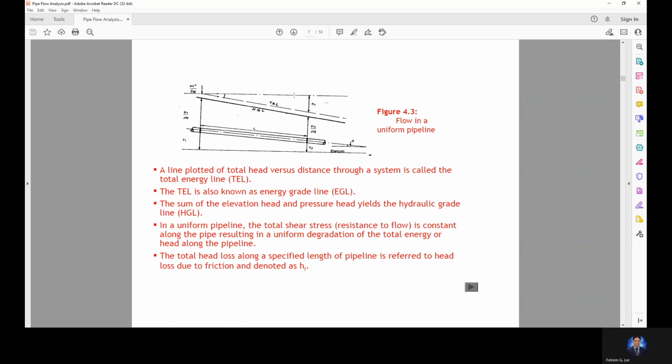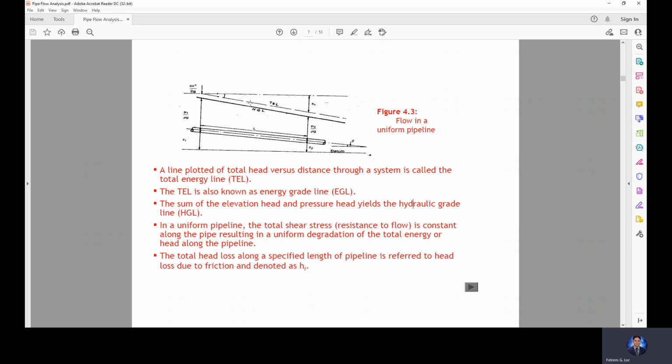This is the total energy grade line, TEL. The sum of the elevation head and pressure head yields the hydraulic grade line. So this is actually the hydraulic grade line.